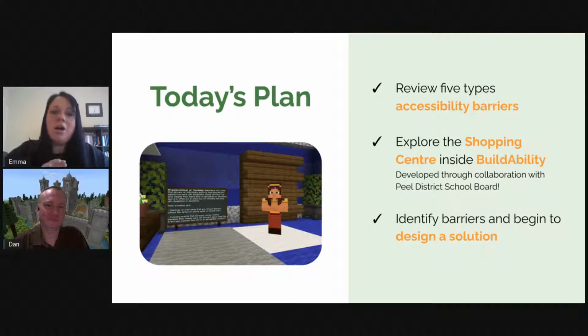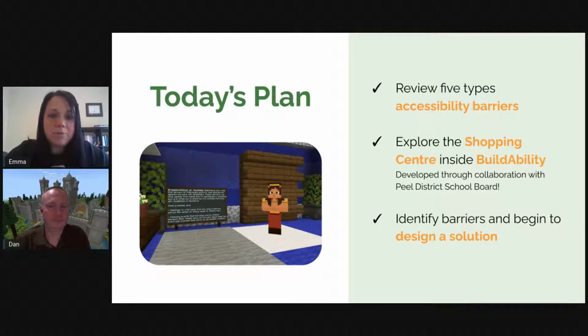Our plan today. Last time in BuildAbility, you were able to check out 5 types of accessibility barriers. We are going to explore, and there's a few different areas to explore in here, but today in particular, we're going to do a little tour of the shopping center and look at some of those accessibility challenges.